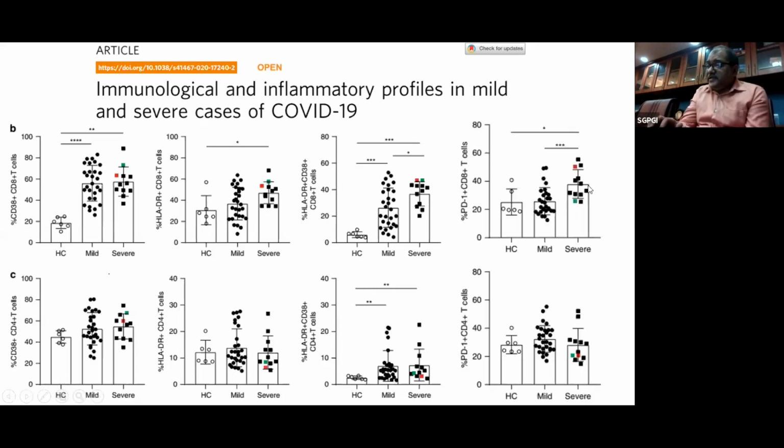Also, they looked at the exhaustive phenotype, that is PD1 positive CD8 cells and PD1 positive CD4 cells. They were almost similar. However, CD8 positive PD1 positive T cells were a bit higher between mild versus severe, whereas CD4 positive T cells which were PD1 positive were almost similar in both categories.